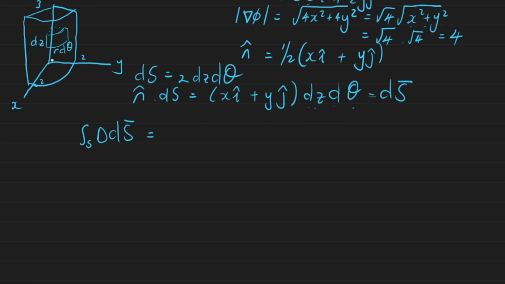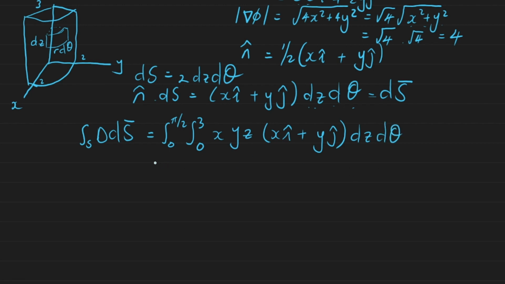So z would be integrated from 0 to 3. That's the boundary given to us. And theta is going from 0 to 90 degrees because it's only in the first octant. So theta would go from 0 to pi over 2, and z is going from 0 to 3. And we're determining the integral of xyz into xi plus yj times dz d theta.